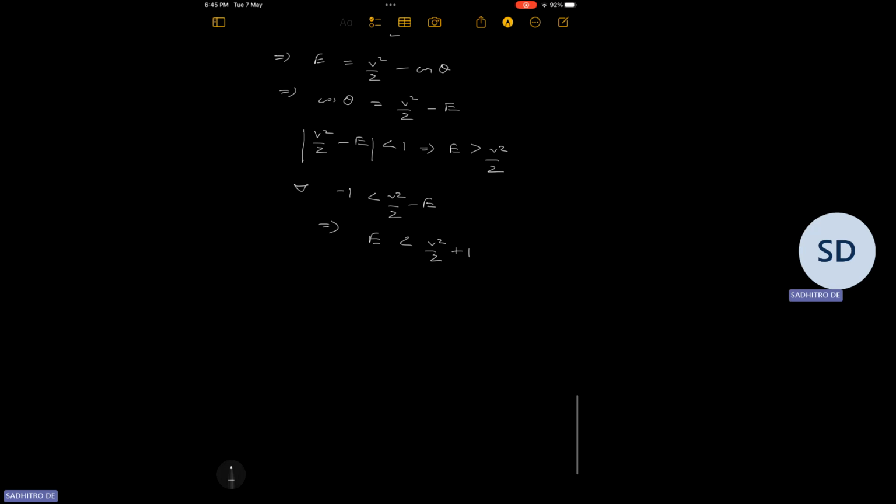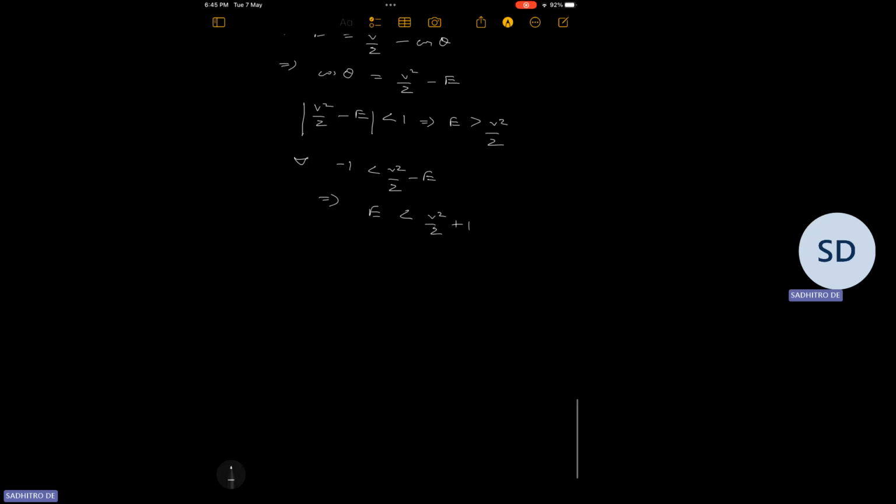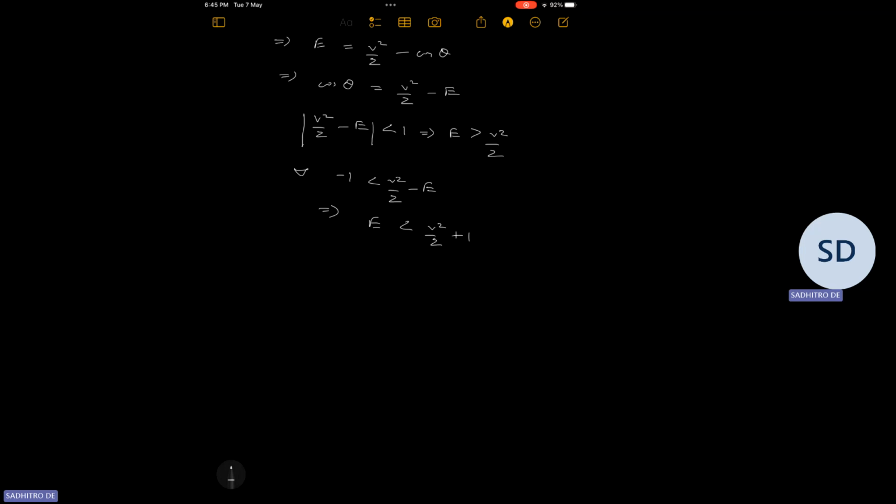So if you put, say, v equal to 0, then you see that the threshold is e equal to 1. For e greater than 1, the pendulum will whirl around the top.